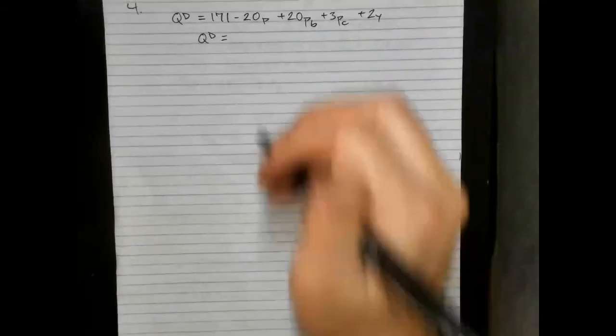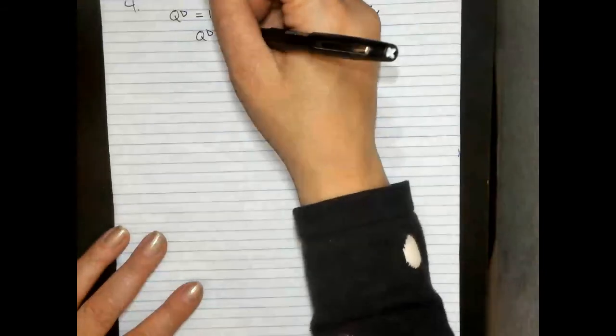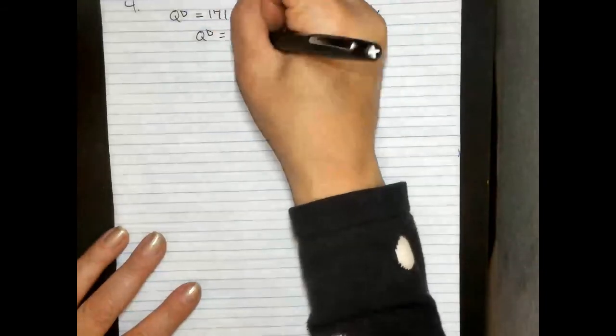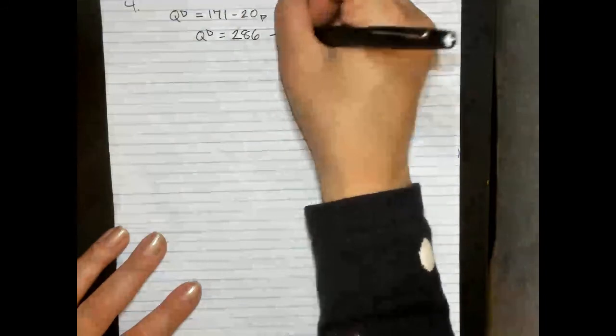So we have the quantity demanded for Canadian pork is 171 minus 20 times the price of pork plus 20 times the price of beef plus 3 times the price of chicken plus 2y, or our simplified quantity demand function is just that function that we came up with in the last section, where we ended up with 286 minus 20p.